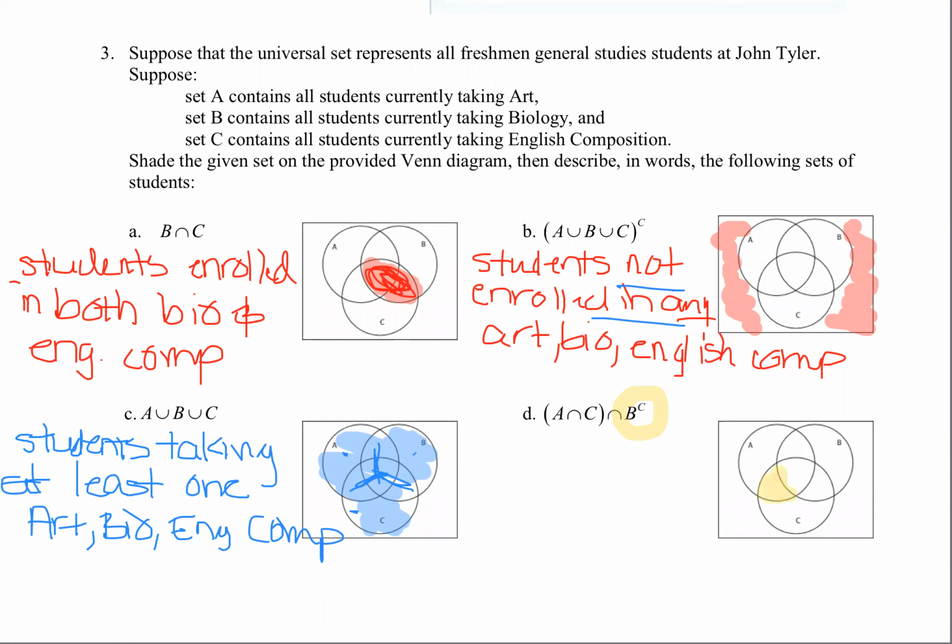So what that means is this is students enrolled, and let's see what they're enrolled in. They're enrolled in art and English comp, and they're not enrolled in bio. So their schedule can't then say bio on it.